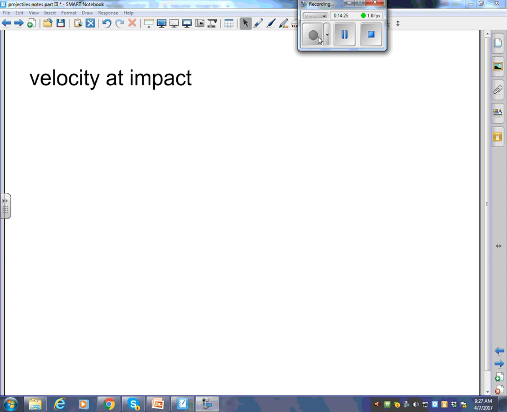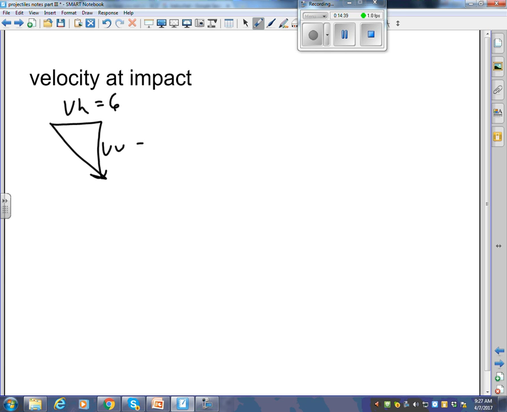Yeah. To find the velocity at impact, as always, you need to know the horizontal component and the vertical component and the angle. Well, the horizontal component doesn't change. It's 6. The vertical component is simply VF equals VI plus AT. Really, this problem is not a whole lot different than 2 days ago.